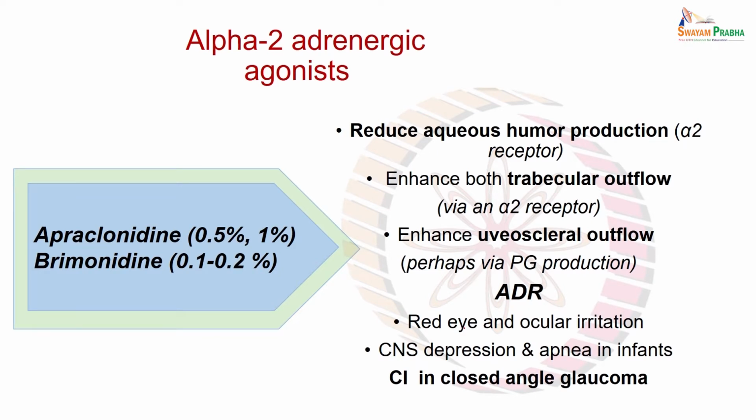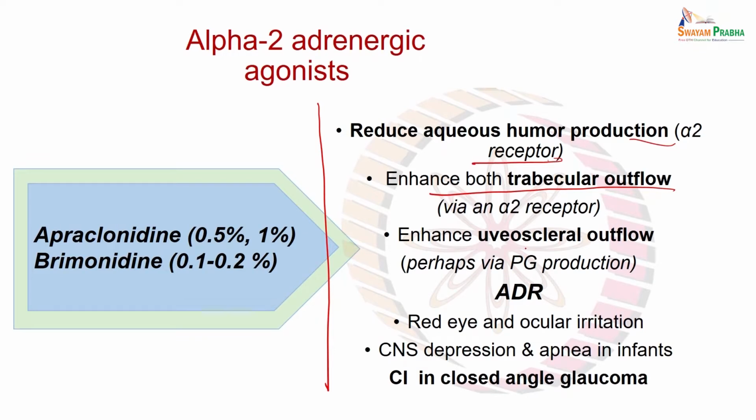Of the adrenergic drugs, alpha 2 adrenergic drugs are also used in glaucoma. By their mechanism, they reduce aqueous humor production through the alpha 2 receptor and enhance trabecular outflow.